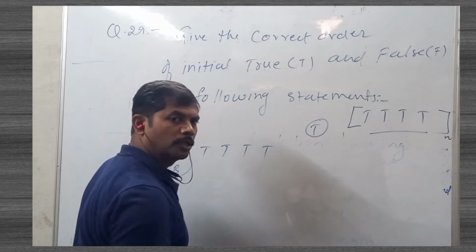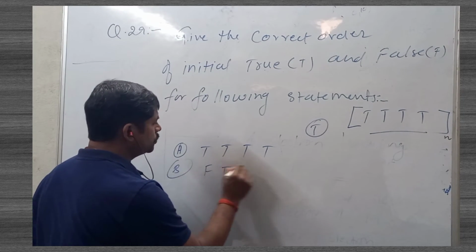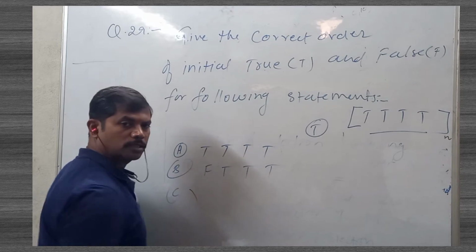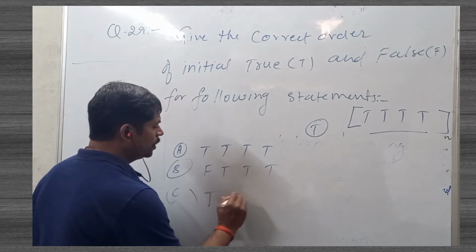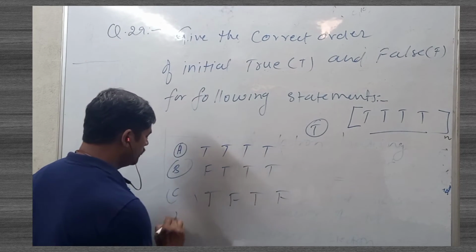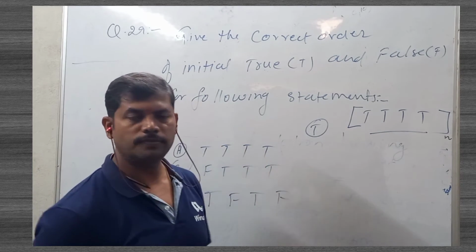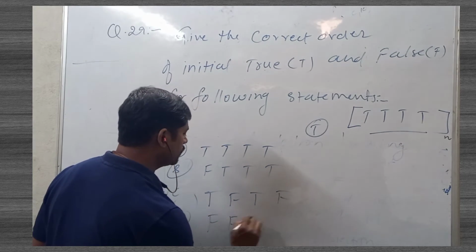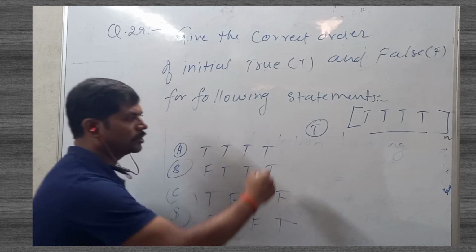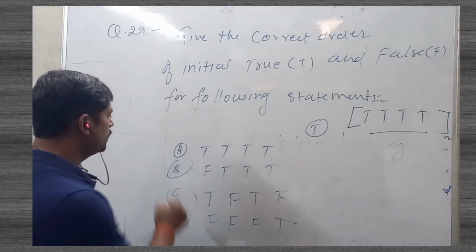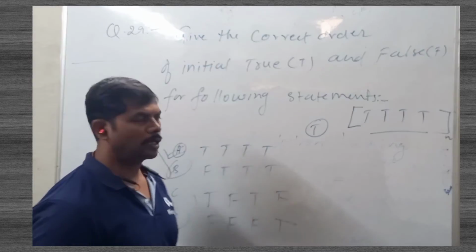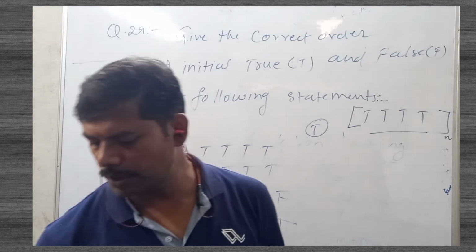B is given true, false, false, true, true, true. C is given true, false, true, false. And D is given false, false, false, false and true. So according to those rules, whatever we have seen, A is the correct answer. So thank you so much. I think you have understood this question.